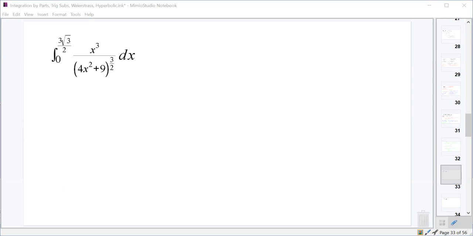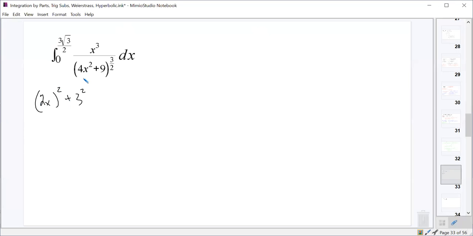So what's the inverse trig sub we want to use? We've got 4x squared plus 9, right? What do we think will work out there? This is like having 2x squared plus 3 squared, isn't it?